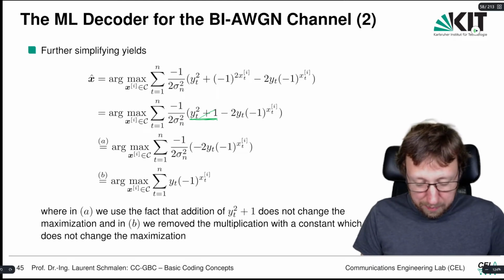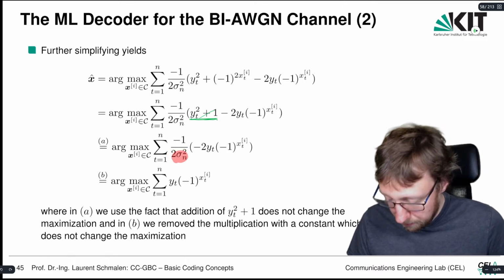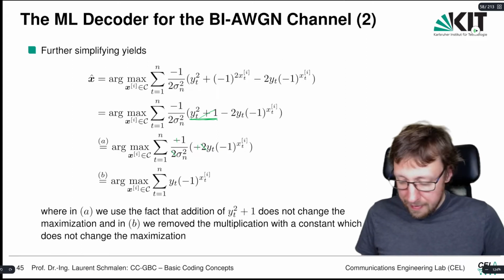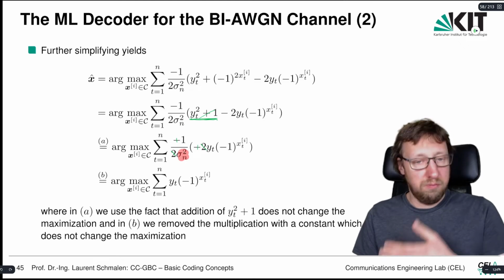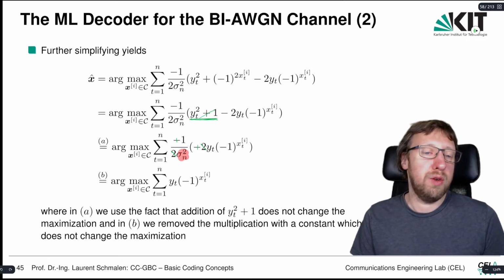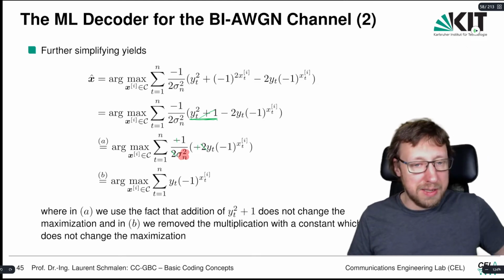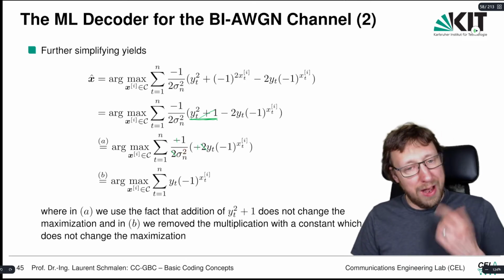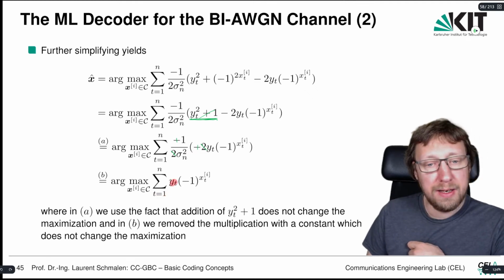So -1 and -1 cancel each other, and this is another constant. First, this guy cancels, and we have a sigma n squared, which is a positive constant, so it will not change the maximization. So the final result is the following. We maximize for every code word the sum from 1 to n of yt times (-1)^(xti).